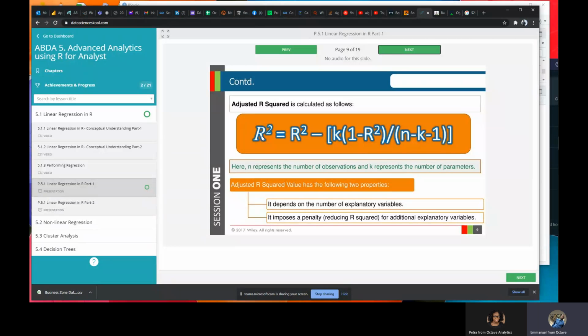You say, I think this variable is going to improve the model, so I include it, until the R squared does not improve any longer. There's no significant difference between the previous model you have and the model you now get when you add another variable. So you just stop adding variables at that instance.